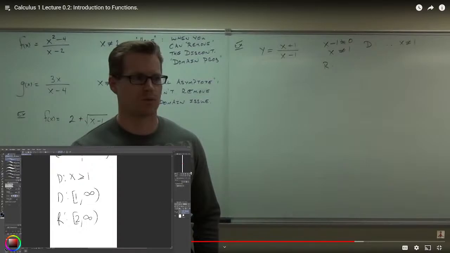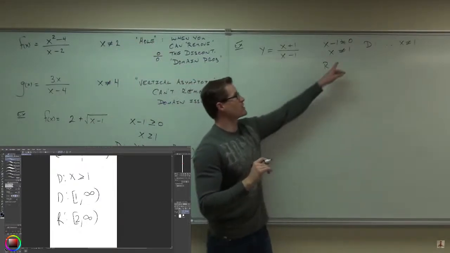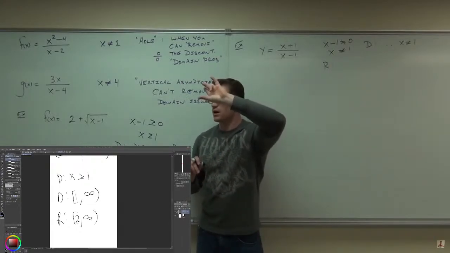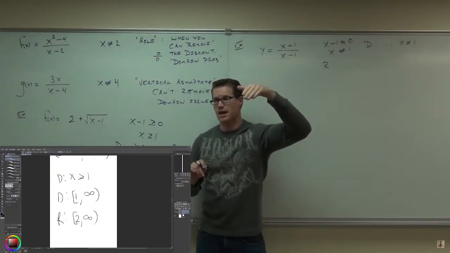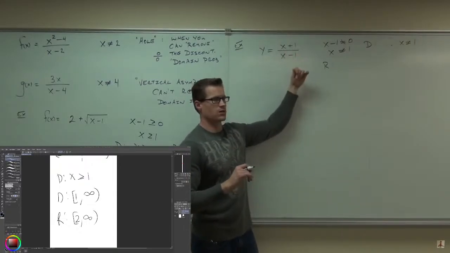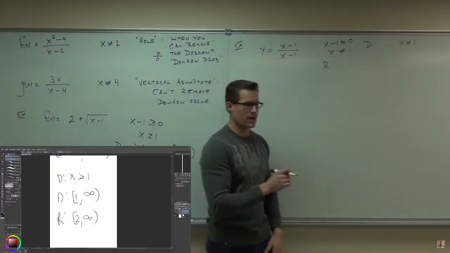Well, if you plug in the 1, it's 2 over 0, not 0 over 0, so it's an asymptote. What do you think? If you don't know, here's how you check. You plug in the number that you're not supposed to be able to plug in, just like 1. If it gives you 0 over 0, that means you can factor it out if they're polynomials and simplify it out of the problem. If it doesn't give you that, then you can't factor it out. So plug it in, you get 2 over 0. Is that a hole or an asymptote? Definitely an asymptote. So we have a vertical asymptote at that point.